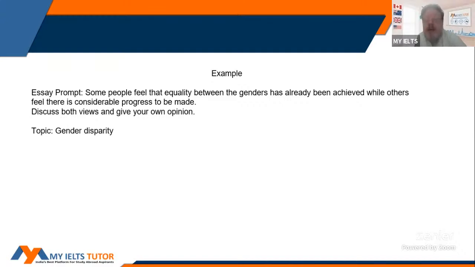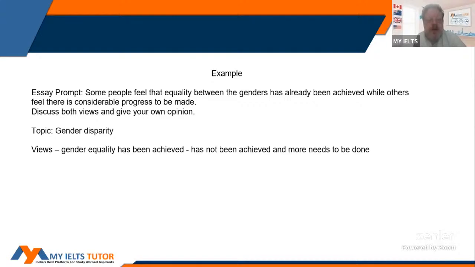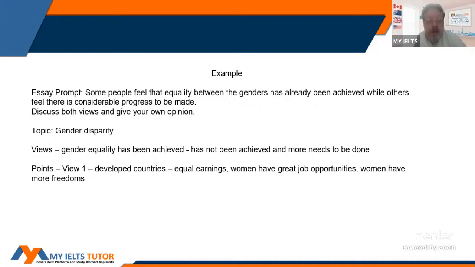So the topic is about gender disparity, and that's actually a very good term for you, gender disparity, which means unequal. Disparity means unequal. Okay. So the viewpoints here, the first one is gender equality has been achieved. Second is it has not been achieved. Then we have our points.